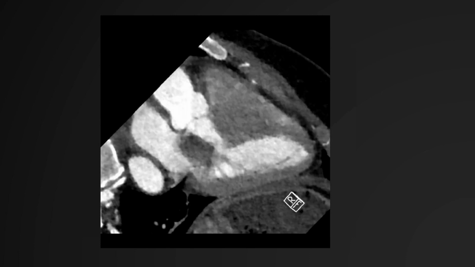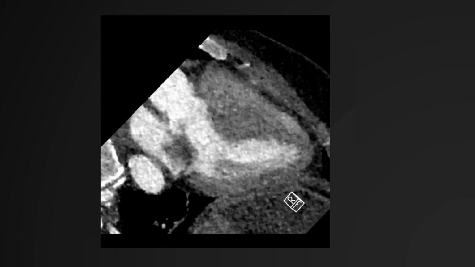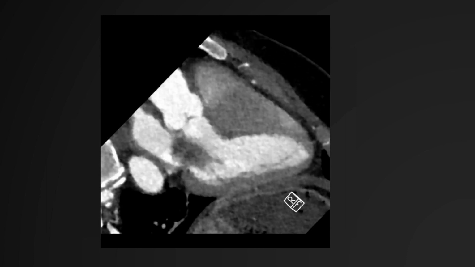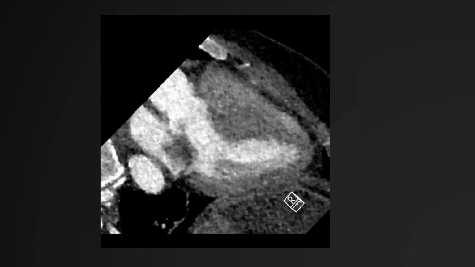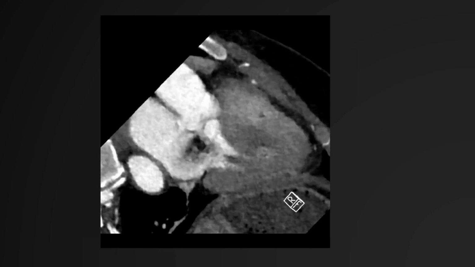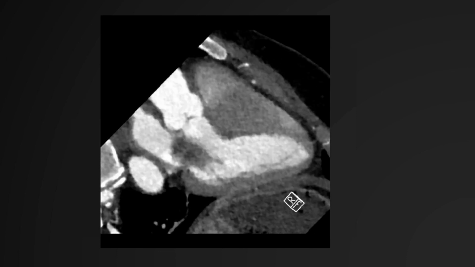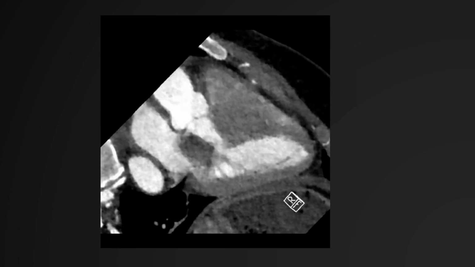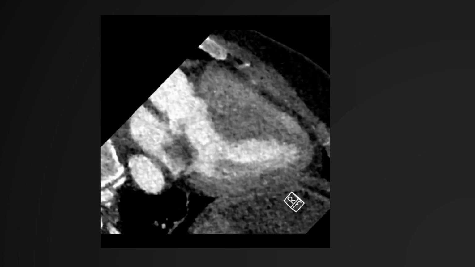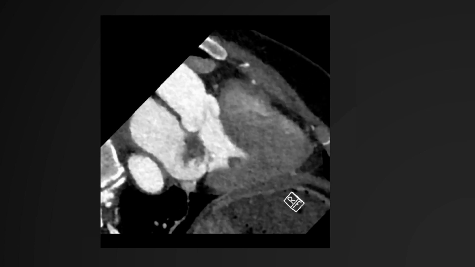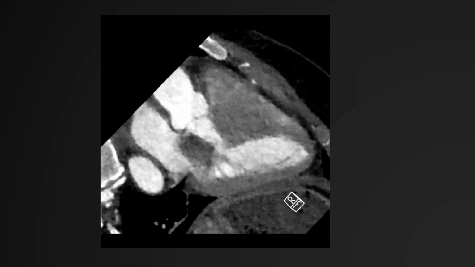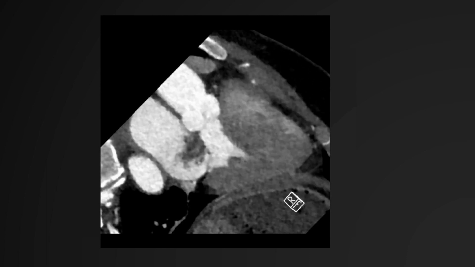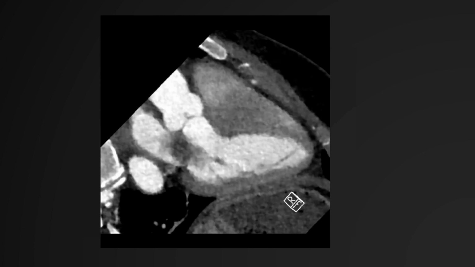And so the differential here would be, obviously, common things being common, this definitely could be a thrombus given the attachment site to the interatrial septum. Myxoma is a good thought. Papillary fibroelastoma associated with the mitral valve, given its proximity to the mitral valve, could be another differential. Those were the top 3 of my choices, and I'm going to pause there and get some thoughts, and then I'll tell you what the diagnosis is.